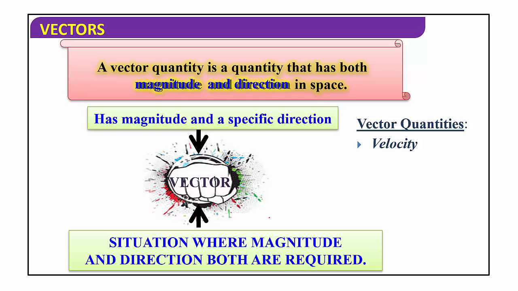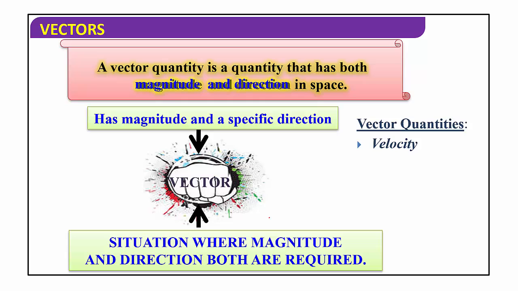In the previous example, we are moving from Cyber Tower to Kukatapalli. There the distance is given 10 km north. This is displacement.